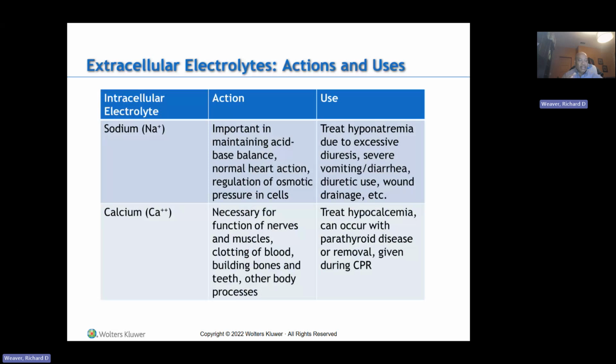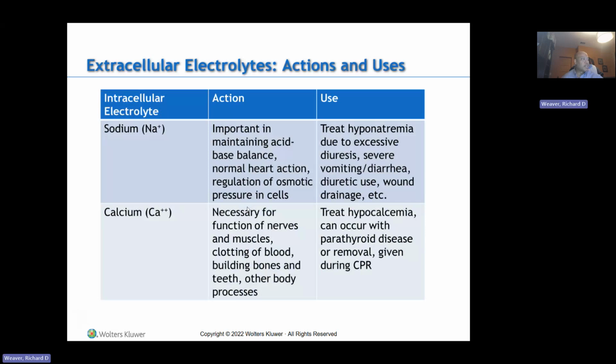And if the calcium levels are low, then we need to give calcium, because otherwise it can lead to many problems, especially respiratory and cardiac issues. And it is also given during CPR. This helps to strengthen contractions of the heart, the myocardium.